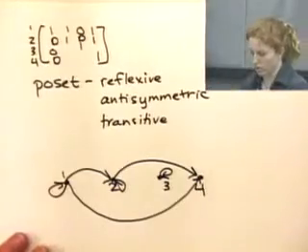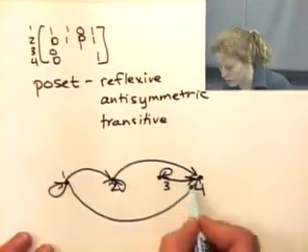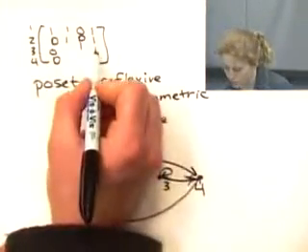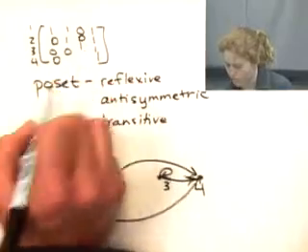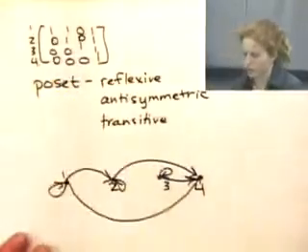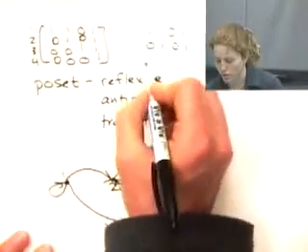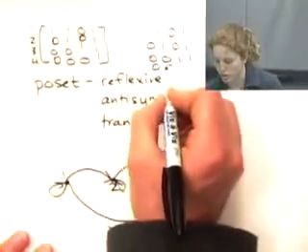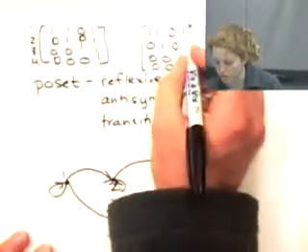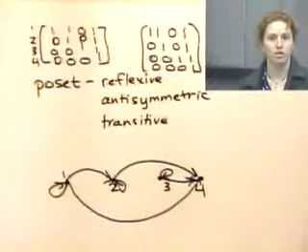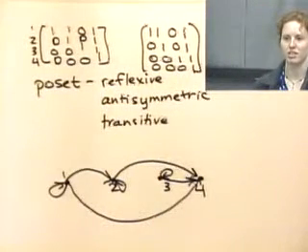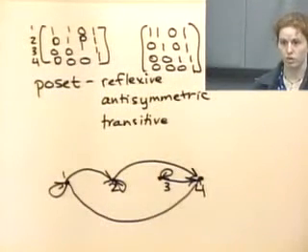And I can also make 3 go to 4. And then it'll still be transitive. And let's leave 4 going nowhere. So the matrix is going to be 1, 1, 0, 1, 0, 1, 0, 1, 0, 0, 1, 1, and 0, 0, 0, 1. So this is a partially ordered set because I made it that way. It's reflexive, it's antisymmetric, and it's transitive.